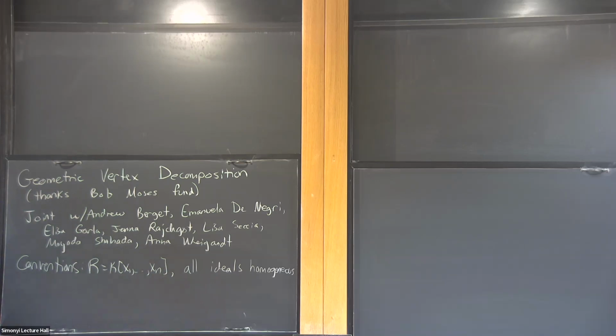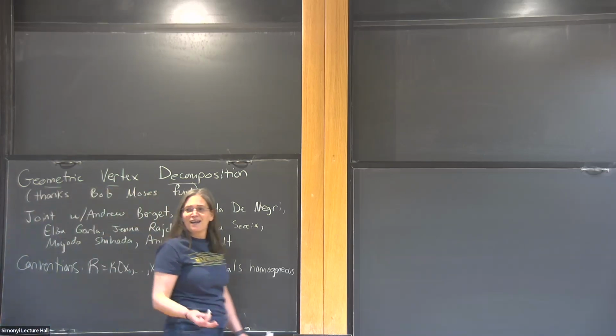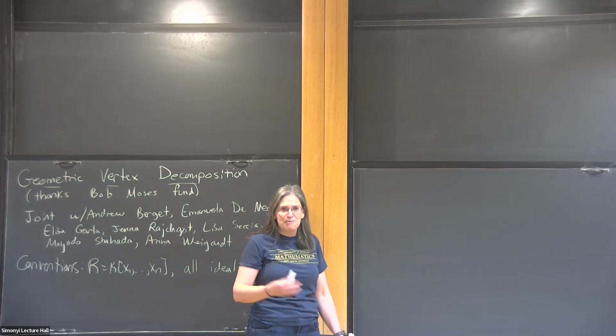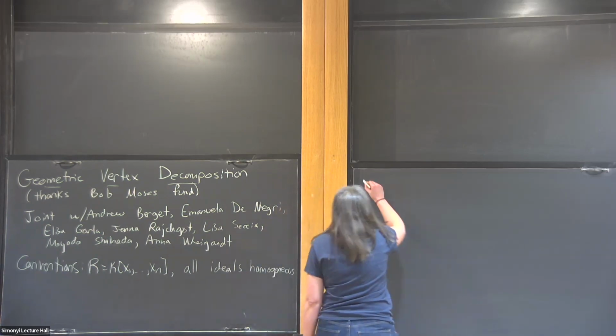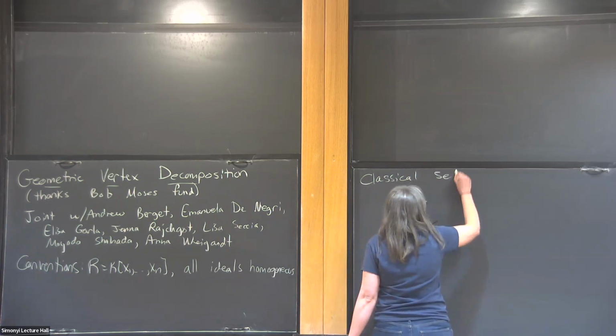So I want to start this talk on geometric vertex decomposition by thinking about the classical setting of vertex decomposition of a simplicial complex and talk about how this gives us some algebra and geometry. Classical setting.